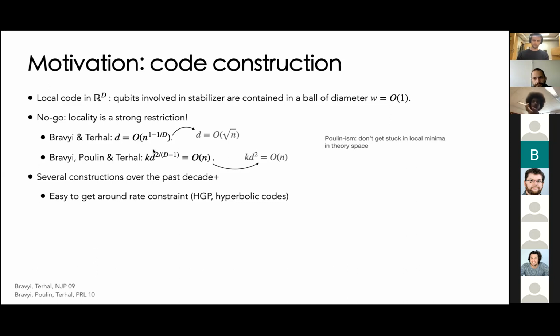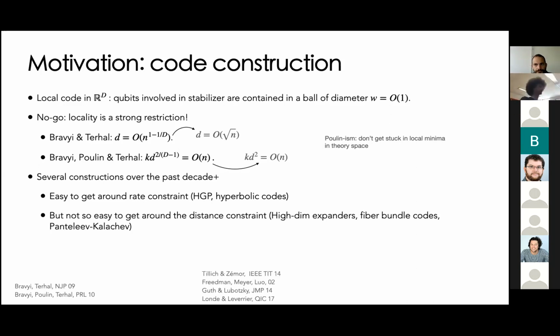It's easy to get around the first constraint. How do you ensure that K can scale linearly with N? There have existed codes for quite some time that get around this problem, namely the hypergraph product codes and the 2D hyperbolic codes are two examples of codes for which you can have a constant rate.